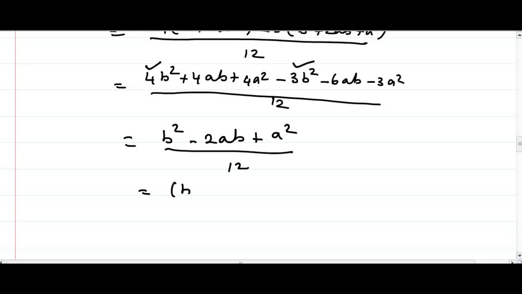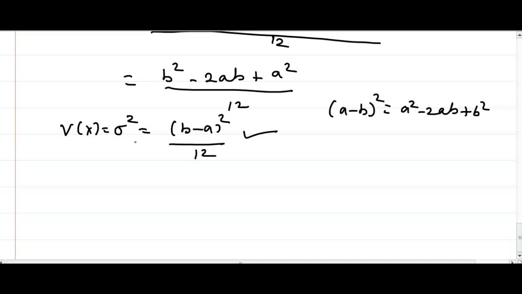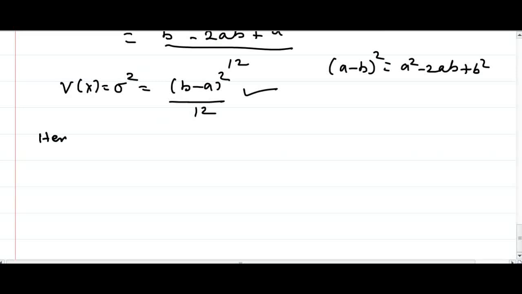We can write this as (b minus a) whole square, by the (a minus b) whole square formula, which is a square minus 2ab plus b square. Therefore, variance of x equals (b minus a) whole square by 12. Hence, what is the moment generating function of a uniform distribution?